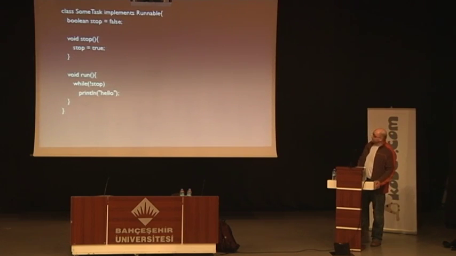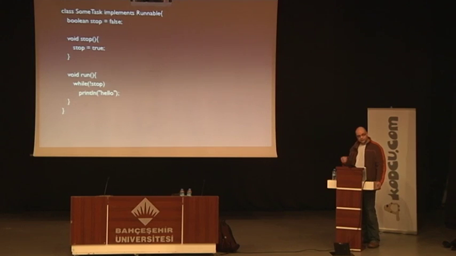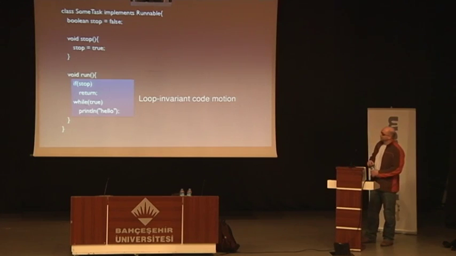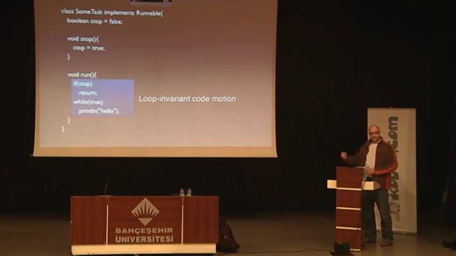If you take a look at the sum task example, here also a reordering can happen. So if you take a look at the while loop, the compiler could optimize it to this. In the previous code you saw that in the while loop, every time you need to check a certain condition.